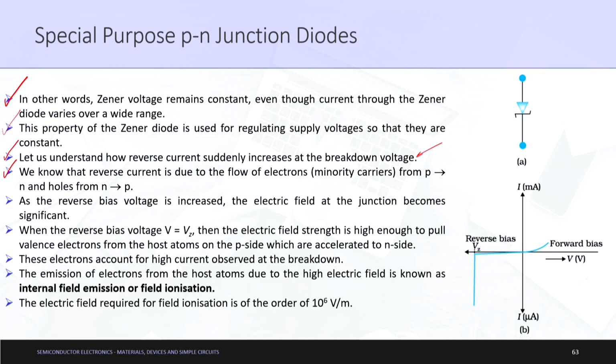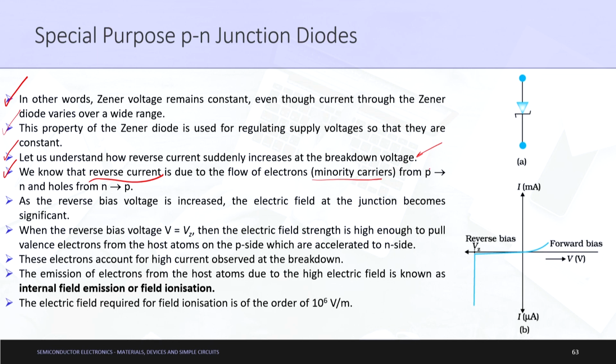This concept was explained clearly when we were understanding semiconductor diodes, forward biasing and reverse biasing. In reverse biasing, why is the current very small? The current was very small because the minority charge carriers were being moved across the depletion layer.